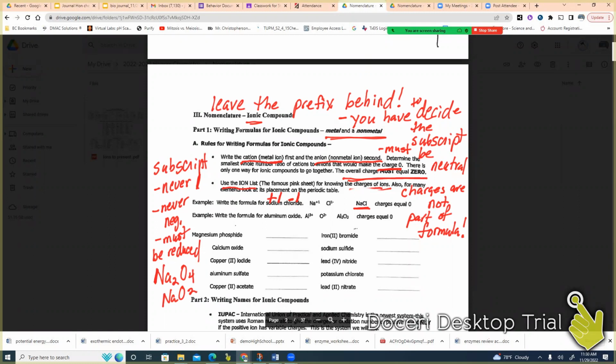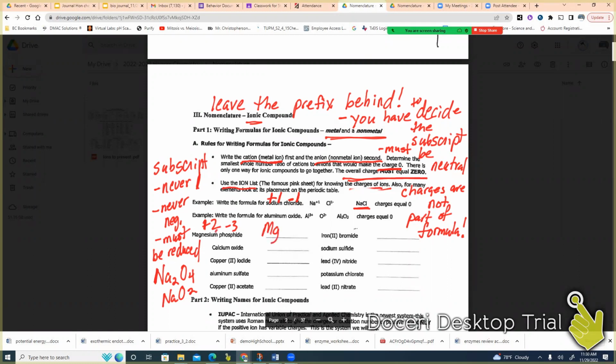All right, so let's just work through some of these. We'll start with magnesium phosphide. Magnesium is a +2, phosphide is a -3. So what is the smallest number that both of those can go into? One can go into them, but these numbers have to go into it. 6, right? The smallest number both of those can go into is 6. So I'm going to put my Mg.